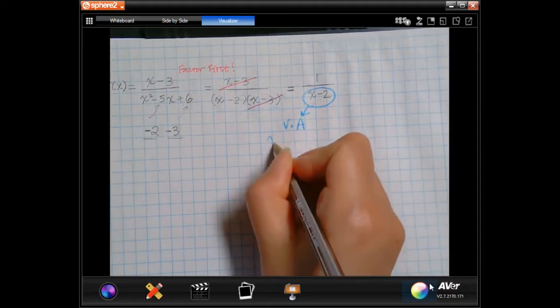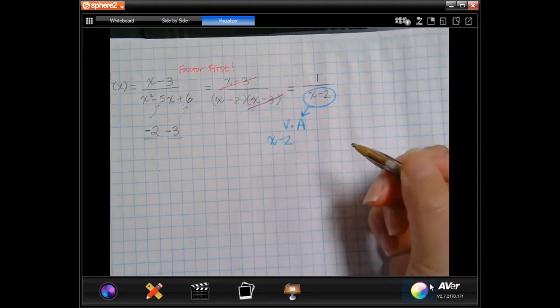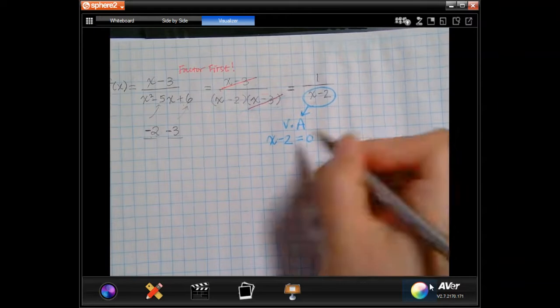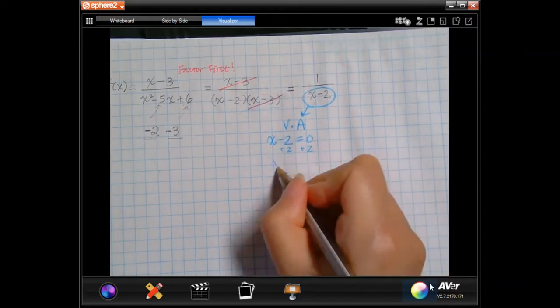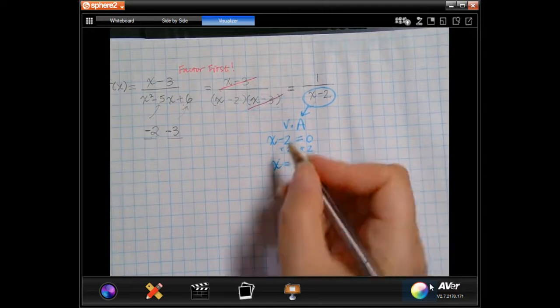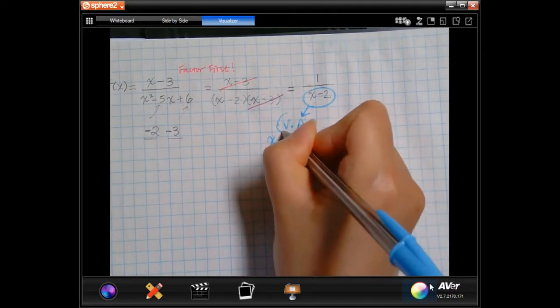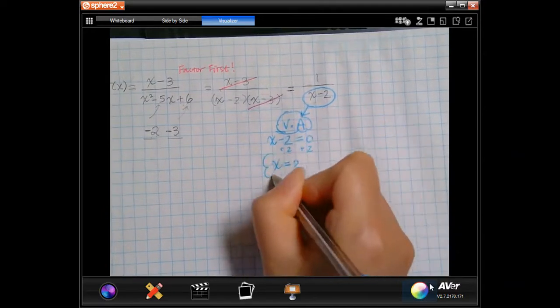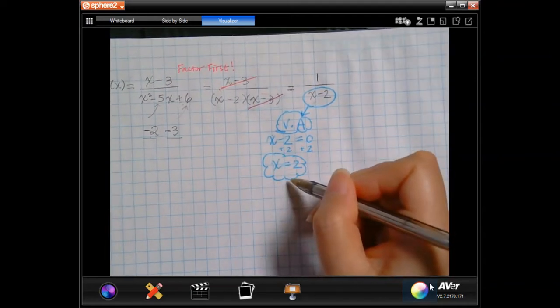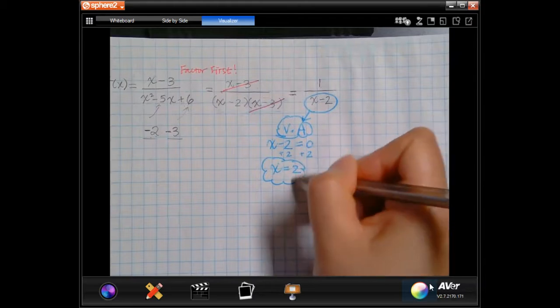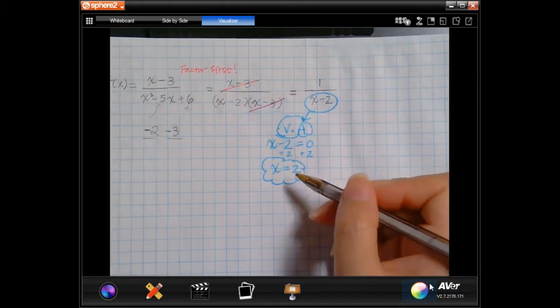So now I set this x minus 2 equal to 0. Then I solve as I usually do. Then x is 2. So this is the vertical asymptote. It's a vertical line passing through where x is positive 2. So now I'm done with the vertical asymptote.